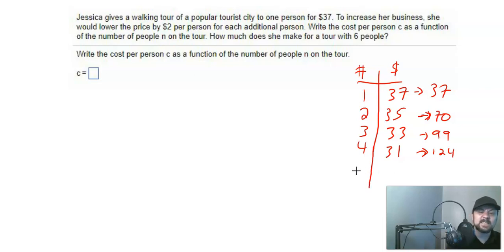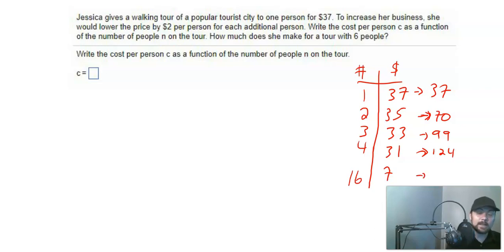Let's say, for instance, if 16 people were taking the tour, right? That's 15 $2 discounts, right? Because when you're at 2, that's one $2 discount. When you're at 3, that's 2 $2 discounts. So 16 would be 15 $2 discounts, which means $30 off the price.